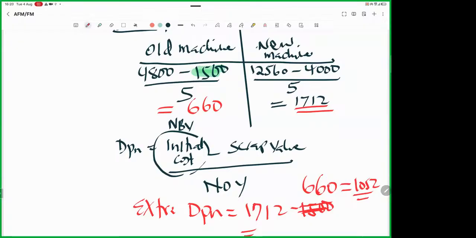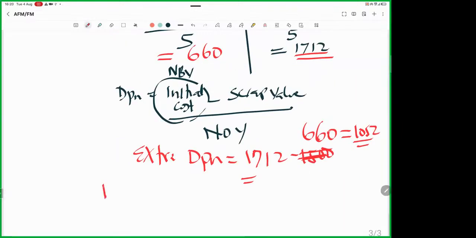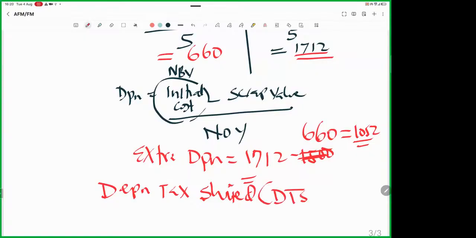This extra depreciation will shield me from taxes. All right. So then you'll be able to give me what we now call the depreciation tax shield, DTS. The rate of tax given is 30% times that 1052, which will end up giving me what figure? 315.2.